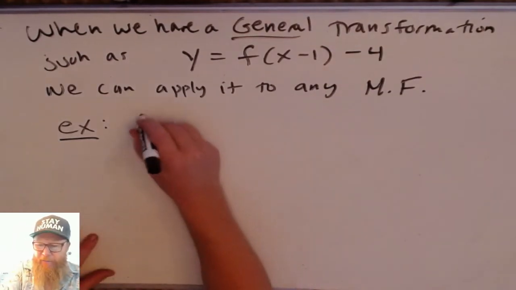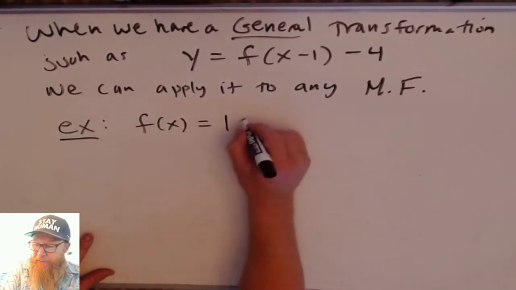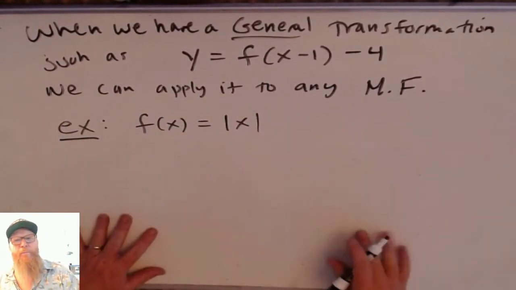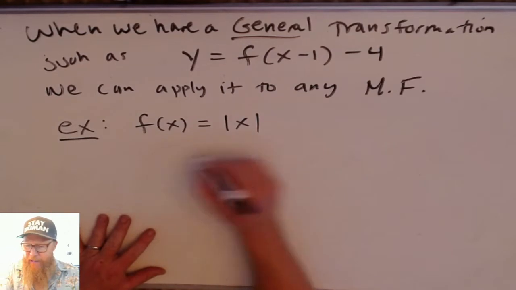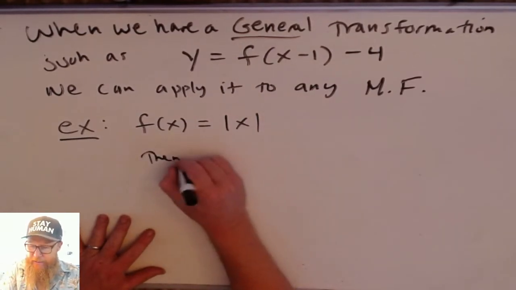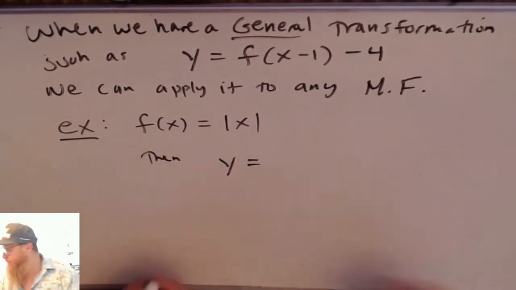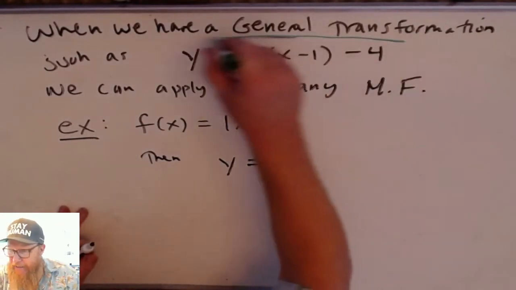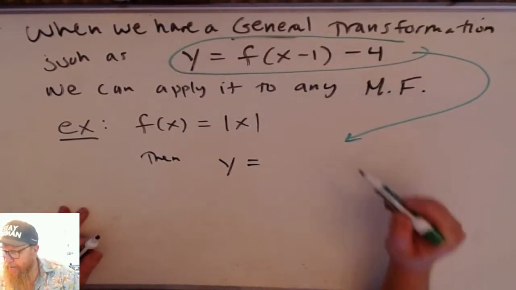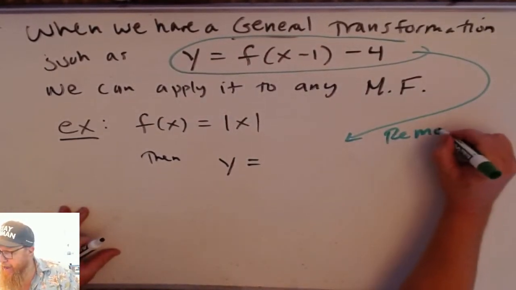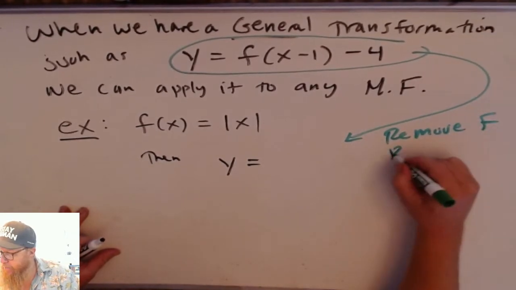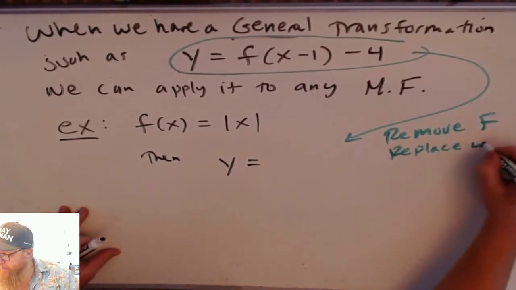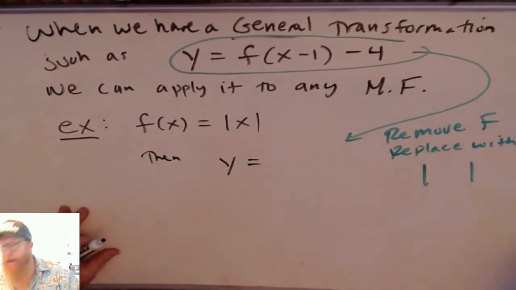For example, if I say f of x is the absolute value of x, well, then y is equal to, we take this transformation, we remove f, and replace with absolute value bars.